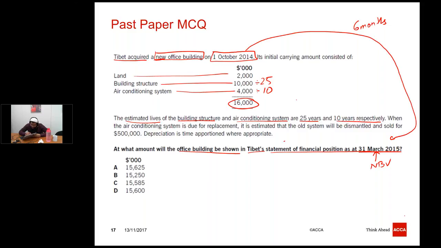When the air conditioning system is due for replacement, it is estimated that the old system will be dismantled and sold for 500. So to calculate the depreciation of the air conditioning system, the cost of 4,000 minus 500 divided by 10 years is the depreciation. Depreciation is time apportioned where appropriate, which means we are going to depreciate for 6 months only. So 6 by 12 and 6 by 12. This is going to be your answer.